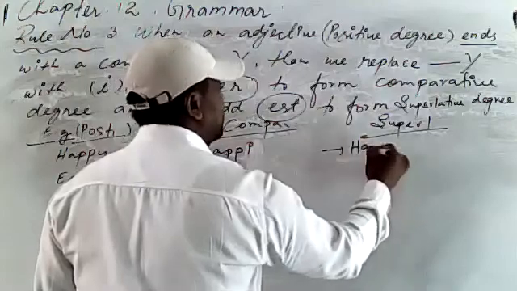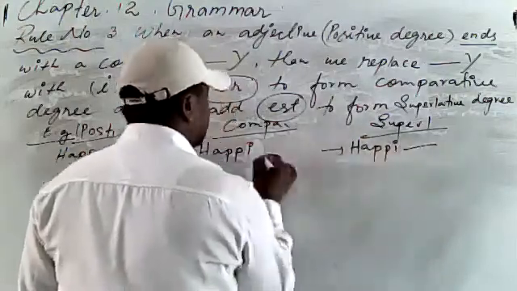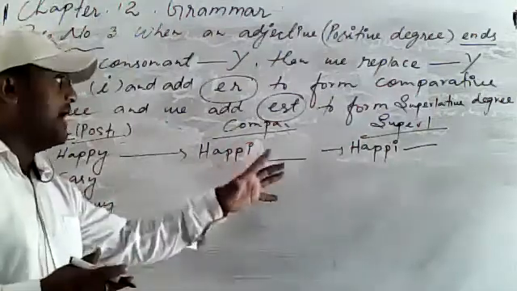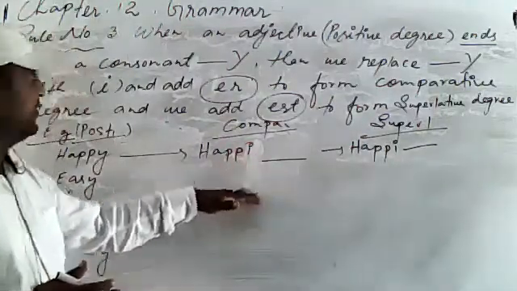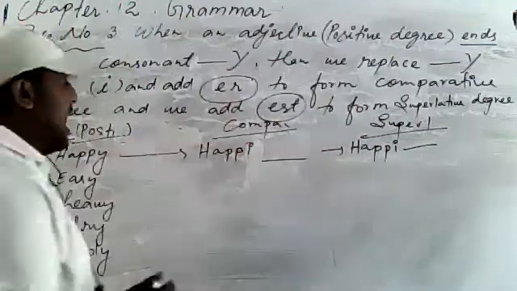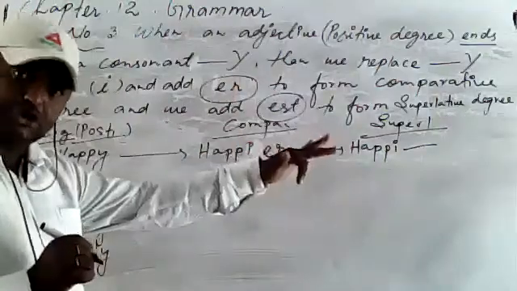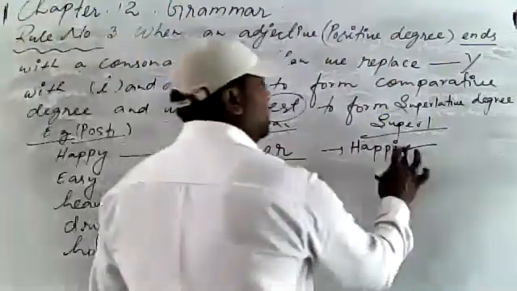I am going to replace Y with I. Now look here, I have replaced Y with I. Now for the comparative degree, I am going to use ER: happy, happier. Now for the superlative degree, what am I going to use here?